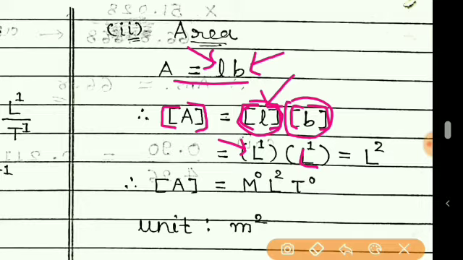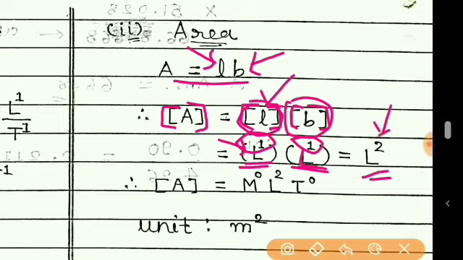L or B or radius or height or diameter, their symbol is L only, because they all have unit meter, and so the symbol is L. So L raised to 1 here also and L raised to 1 here also. So finally it is L raised to 1 plus 1, power is 2.